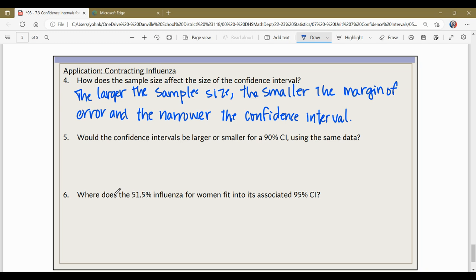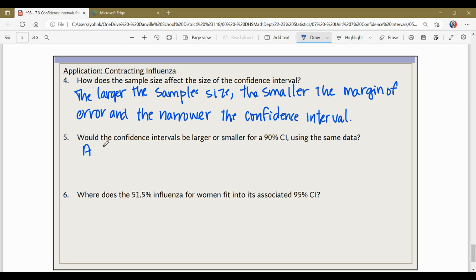Okay, number 5, would the confidence intervals be larger or smaller for a 90% confidence interval using the same data? Well, a 90% confidence interval would be smaller than a 95% confidence interval since you are not having to include as many values.